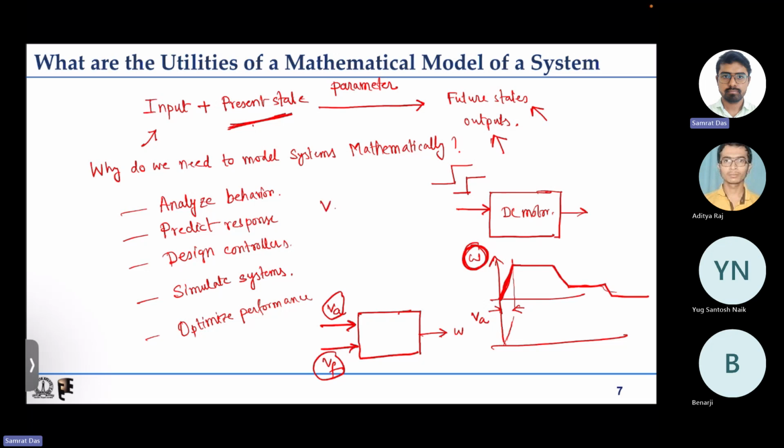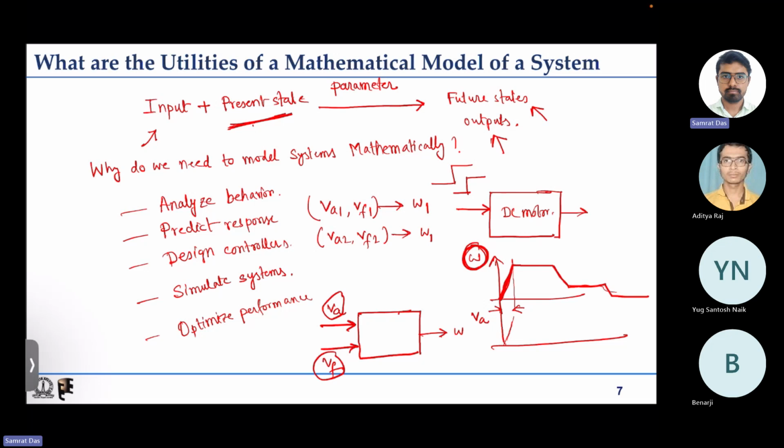Say VA1, VF1: if we apply this, the motor will rotate at omega 1, and if we apply VA2, VF2, then also the motor will rotate at omega 1. So optimization means there are options, and we need to make a choice among the options.